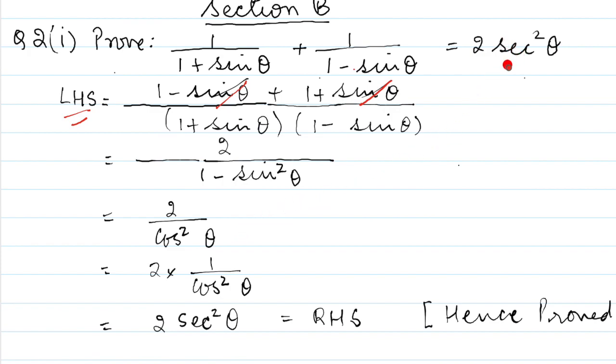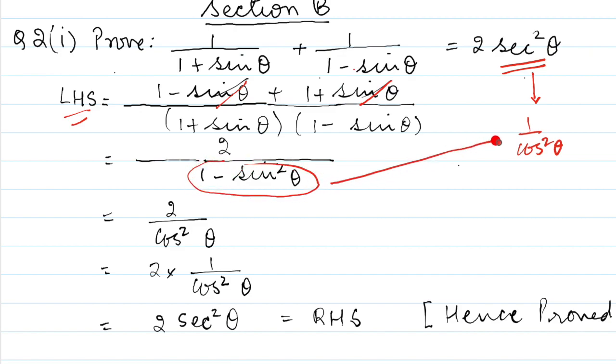Now remember, we have to go towards sec square theta. What is sec square theta? It is 1 upon cos square theta. So you have to keep looking for this denominator to look like this. So 1 minus sine square theta is going to be cos square theta because sine square plus cos square equal to 1, right? But we want it as sec square theta.